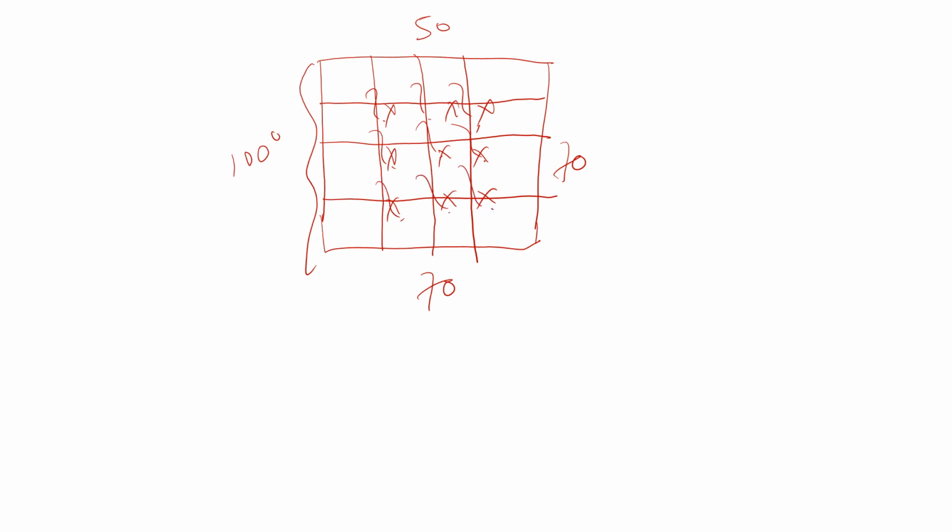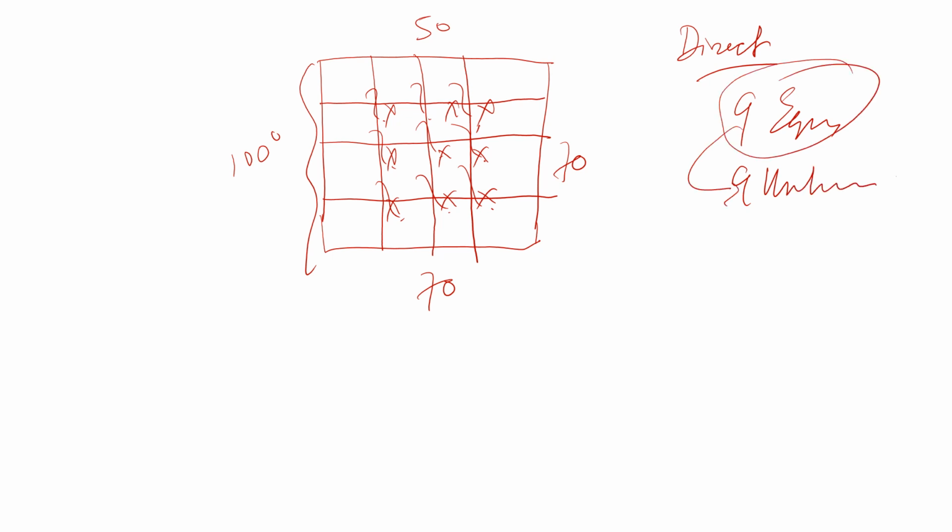And in the direct method, what we have found is 9 equations with 9 unknowns. And I have said when you solve these 9 equations, you will get the values of the 9 unknowns. So there will be some error, because first of all, this is a one-step method, not an iterative method.